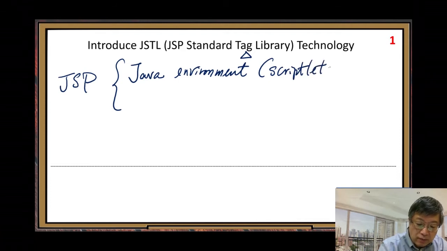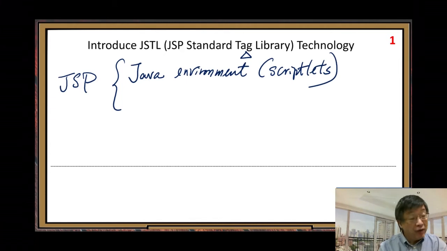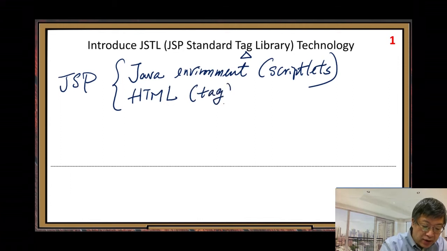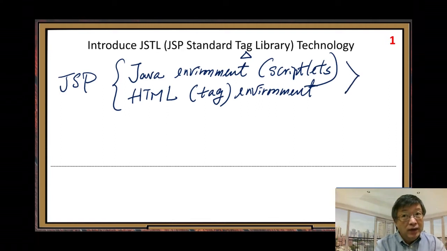So you're familiar with that environment. Another is HTML. Basically, this environment is tag-based, a tag environment. These two environments are quite different, right? Java environment, HTML tag environment, quite different.